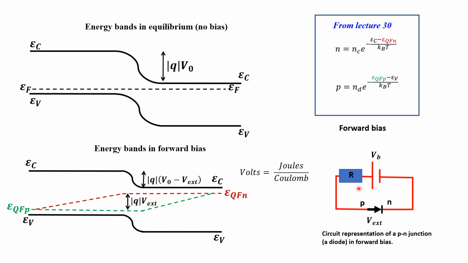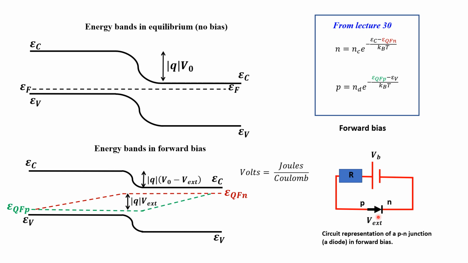And also recall that in forward bias, the current is flowing in this direction, which means that the electrons themselves are flowing in the opposite direction. So this number means that the potential of the electron gas on this side is higher than the potential on this side by this much. And what is this potential? This must be the total potential, the electrochemical potential, the sum of the chemical and the electrostatic potential.